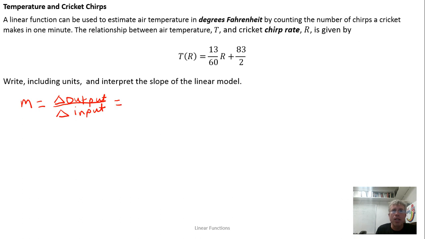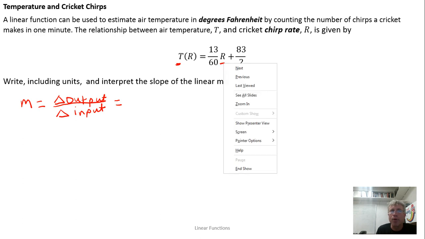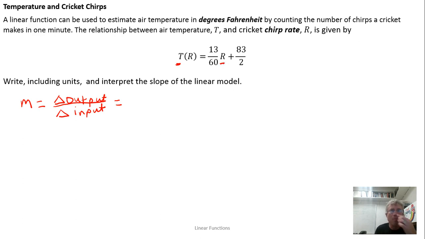So for this particular model, the outputs are temperatures in Fahrenheit, and the inputs are cricket chirp rates in chirps per minute.